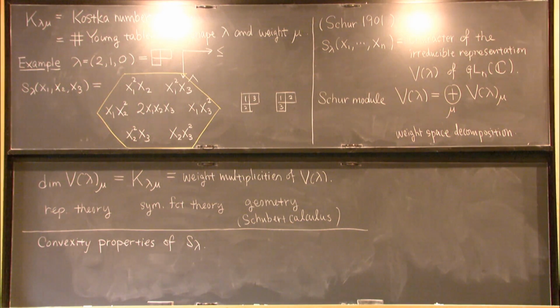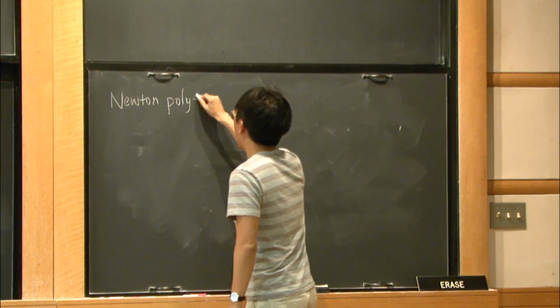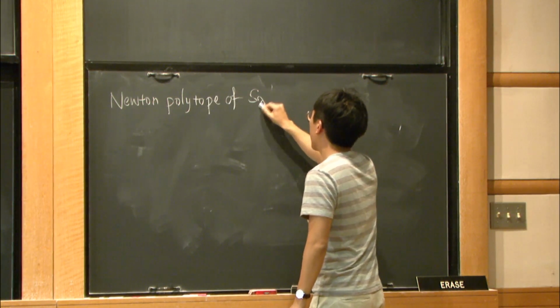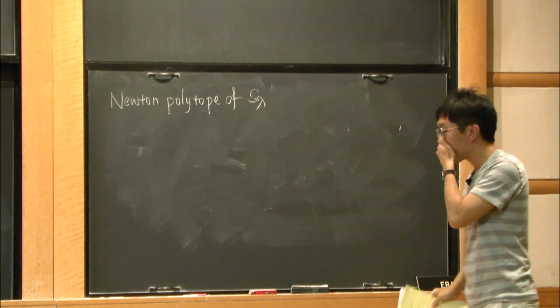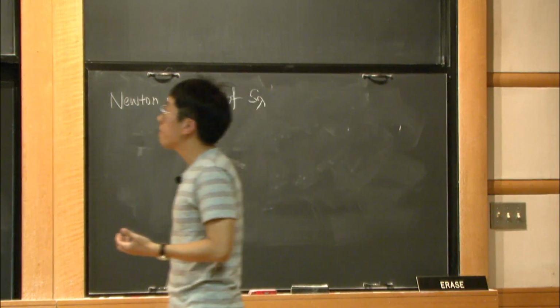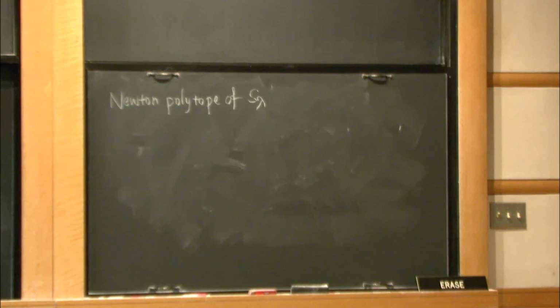What is it? It is the convex hull of the exponents of all the monomials that appear in the expression for S lambda.